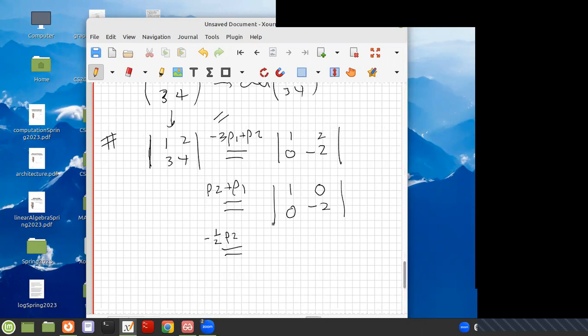Okay, now what does that mean? That means that this matrix here is going to be, I'm going to write it down here, equals 1, 0, 0, 1, right?